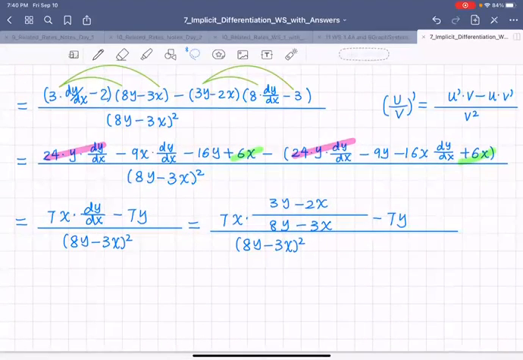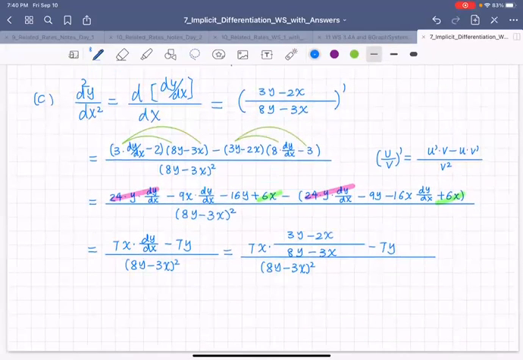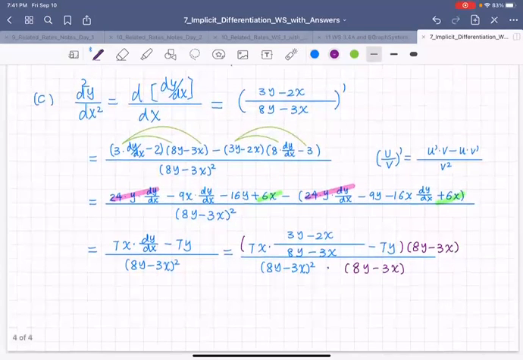And then we are going to times this thing for both top and also bottom, okay? Make sense? Yeah.